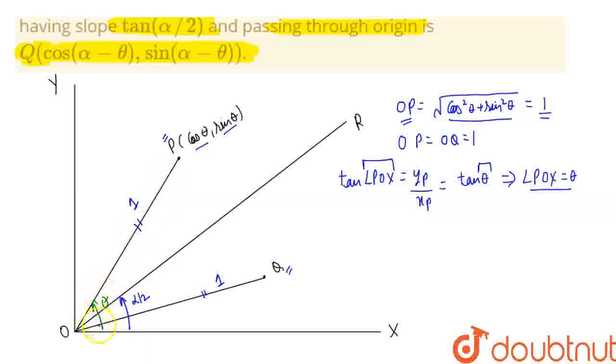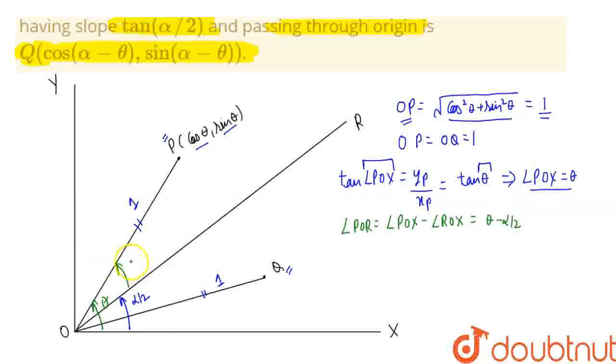Now this complete angle POX is theta, and this angle ROX is alpha by 2. So we can find this angle by subtracting alpha by 2 from this complete angle. So this angle POR would be basically the complete angle POX minus the angle ROX, and this comes out to be theta minus alpha by 2.